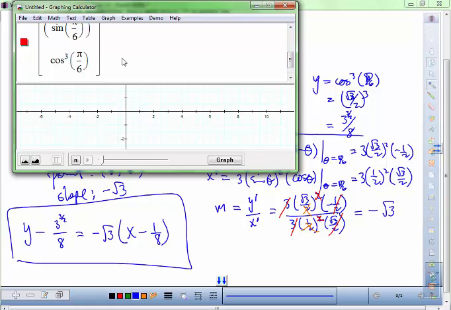Now let's try to draw the line. So our line is y minus 3 to the 3/2 power divided by 8 is equal to negative square root of 3 times x minus 1/8.